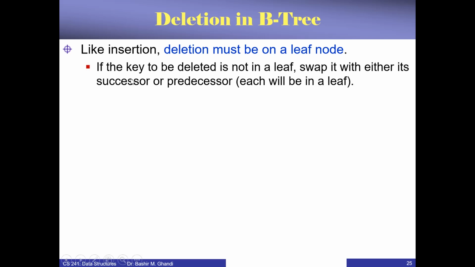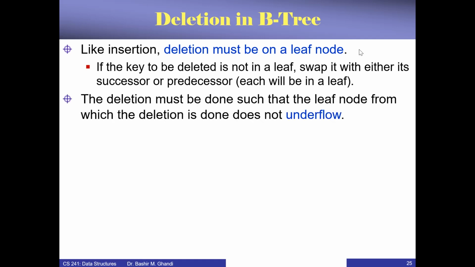It says here, if the key to be deleted is not in a leaf, you have to swap it with either its successor or predecessor. The predecessor or successor are always on a leaf node. So you swap it with the predecessor or successor, then delete it at its new position. So the deletion must also be on a leaf node, as we shall see.